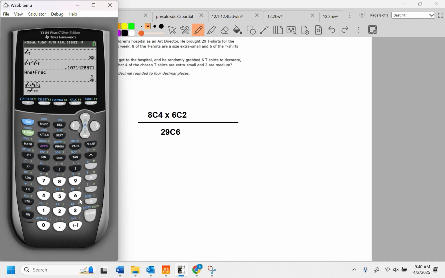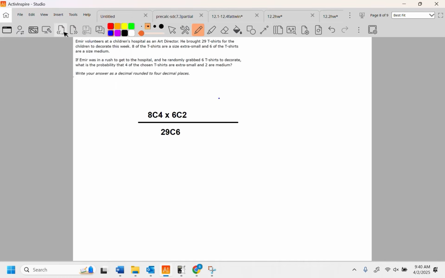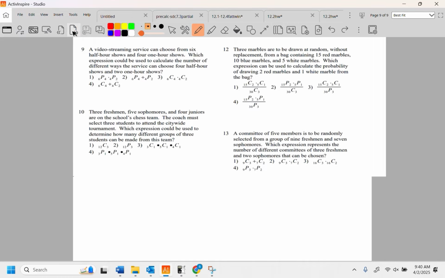And this is different to me, but anyway, there's your answer. 5 in 2,262. Now they're saying round to the 4th decimal if you can read instructions, and I hardly ever do. So 0.0022, whichever one you like. Pretty slim chance, right? All right.